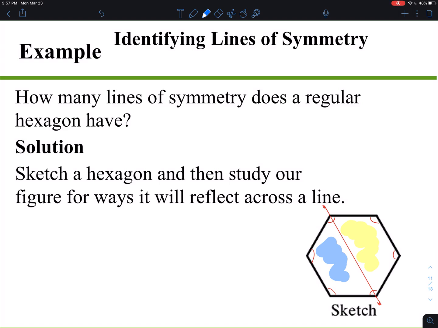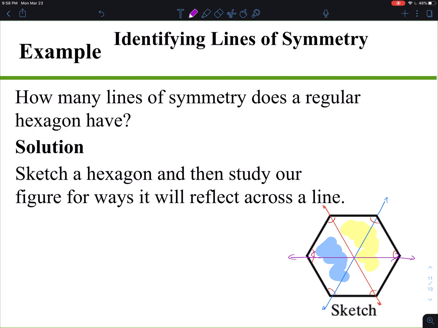So we just have to keep going around and around until we find all of them. So here's one, another one. We're just going vertex to vertex. So let's do this one in purple. Oh, that one wasn't a really good one, but I'm hoping you see the actual point here.